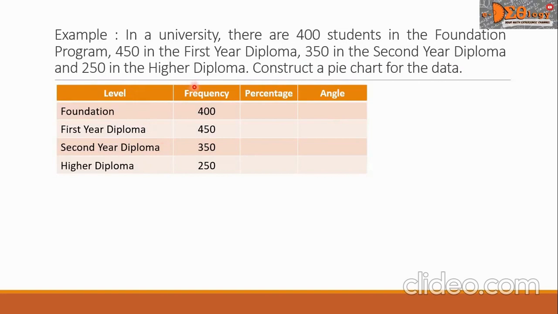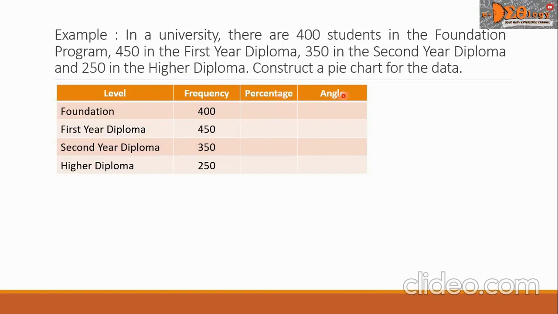The next column is for the frequency. There are 400 students in the foundation program, 450 students in first year diploma, 350 students in second year diploma, and 250 students in higher diploma.